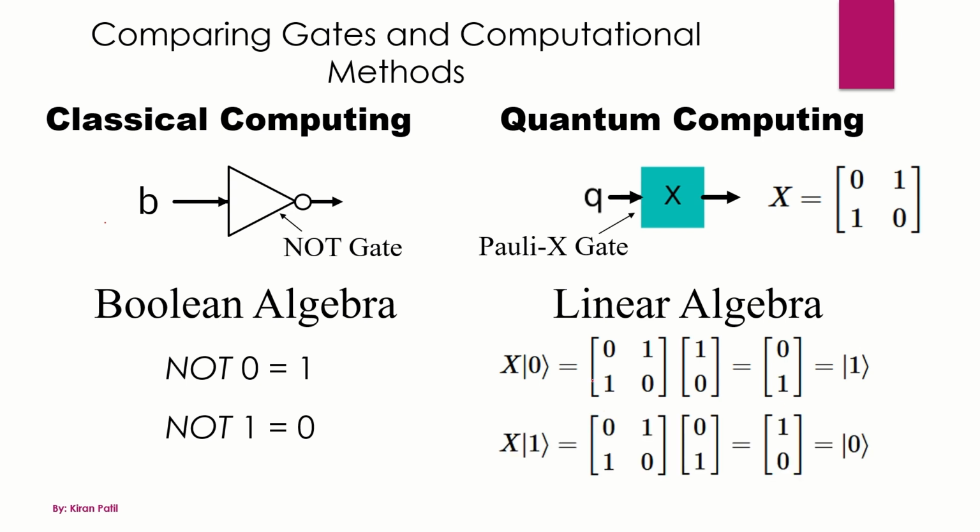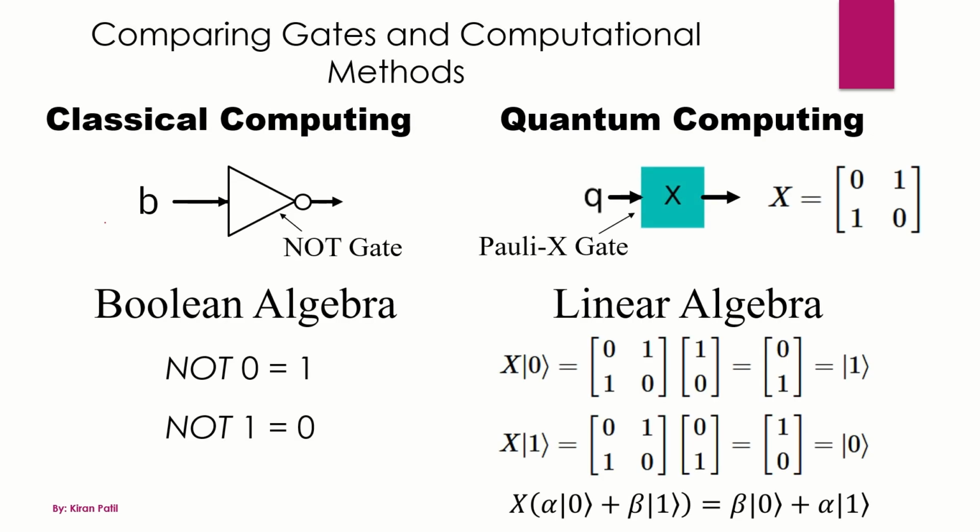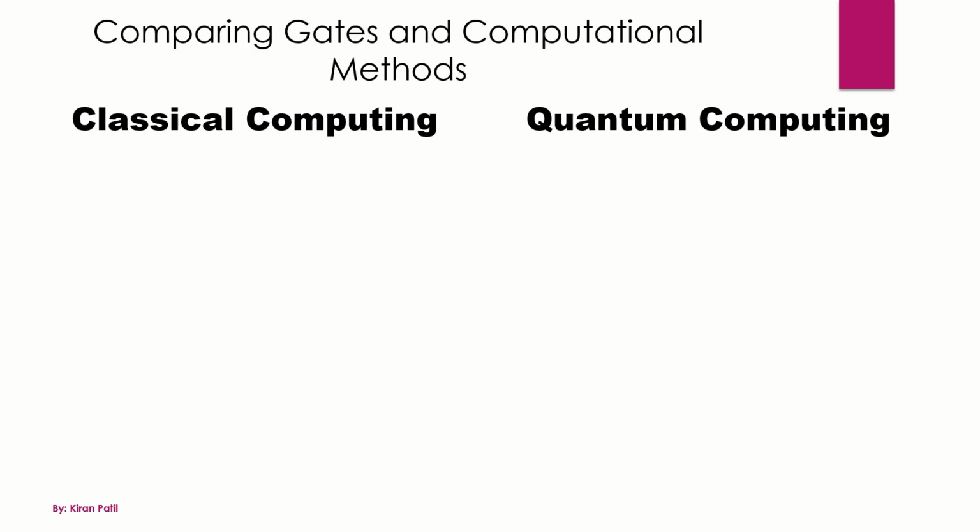Similarly, if I apply the X gate on ket 1, then after multiplying this X matrix with ket 1, I get the output as 1 0, which is the matrix representation of ket 0. So these are the main differences between classical computing and quantum computing.